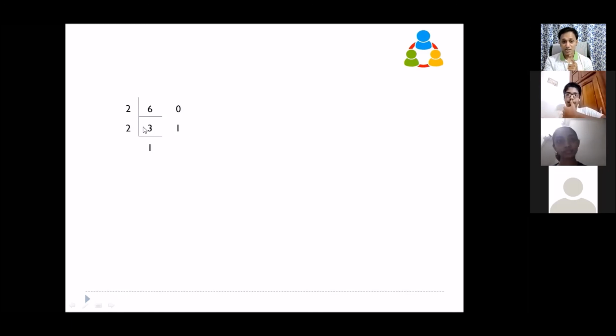In this 3, only one 2 is there, so only 1 is left. So this 1 is of what? Of this 3. But this is not 3, this is 3 into 2. So the value of this one is 1 into 2.